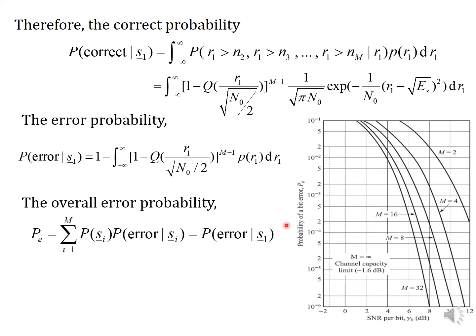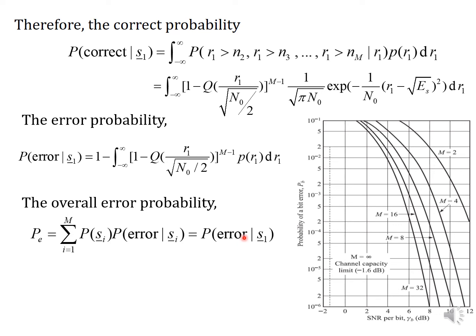It's difficult to grasp this error probability here. What would this error probability be for different M?